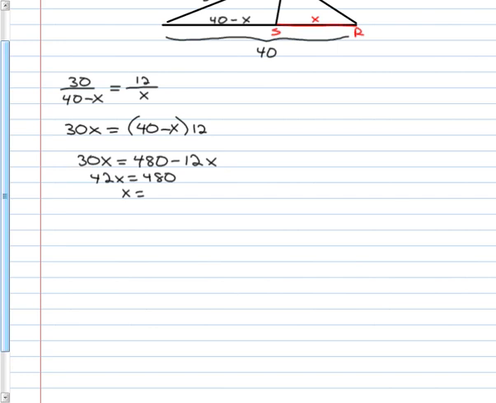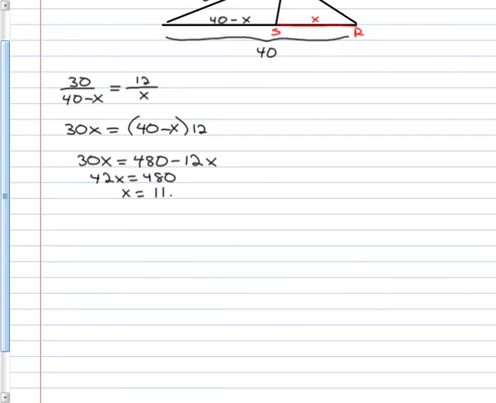Now we can divide by 42. And what do we get? 11.43. Let me do that again. 480 divided by 42. 11.43 if we round it.